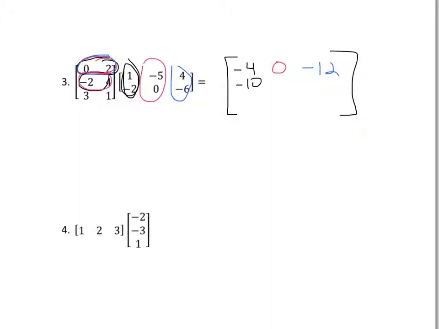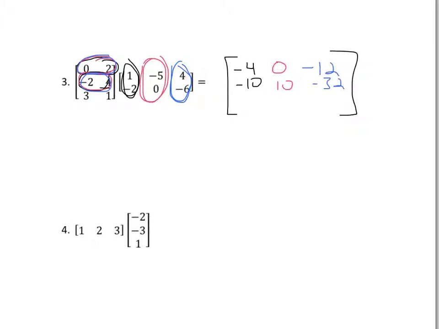Second row, second column: positive 10. Negative 2 times negative 5 is positive 10, plus 4 times 0 is 0. So we got a positive 10 there. And lastly, second row, third column. Negative 2 times 4 is negative 8. Negative 6 times 4 is negative 24. So we're going to have negative 32.